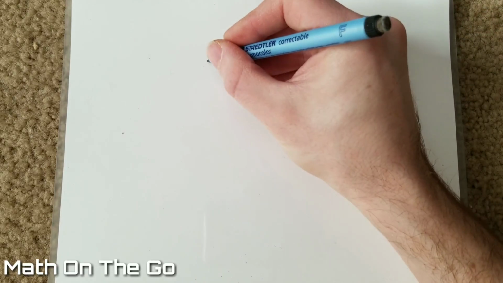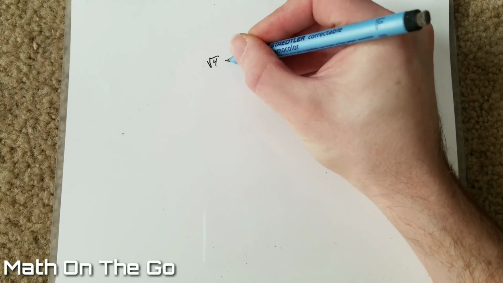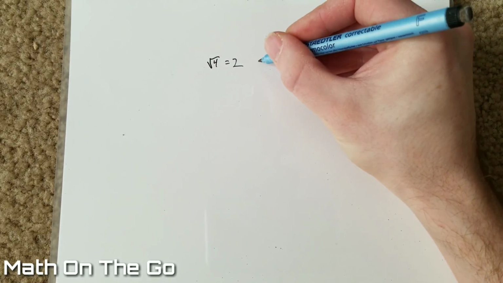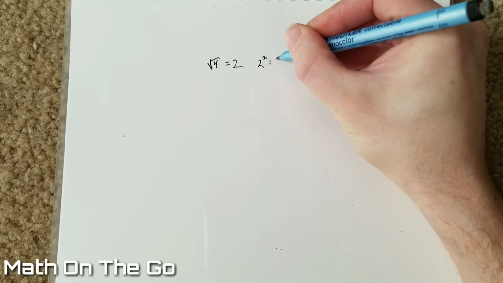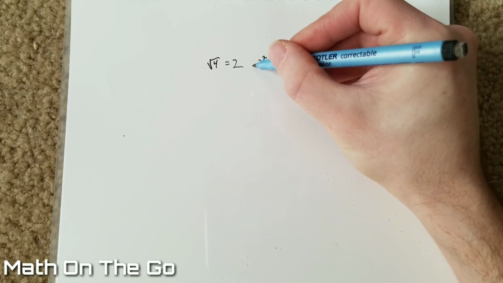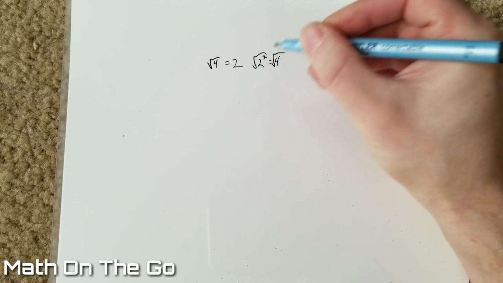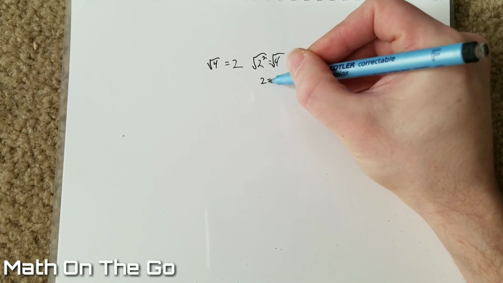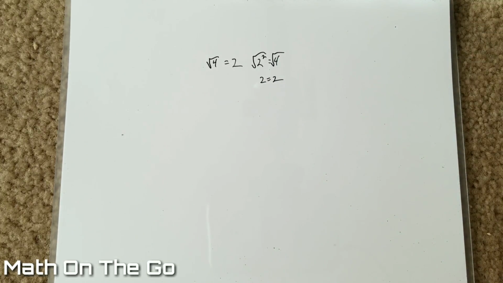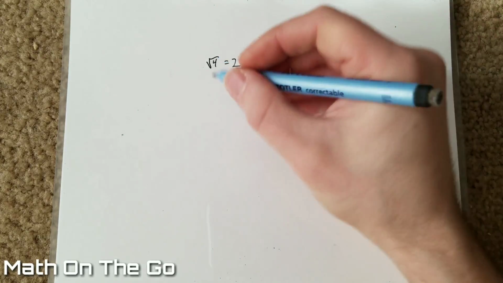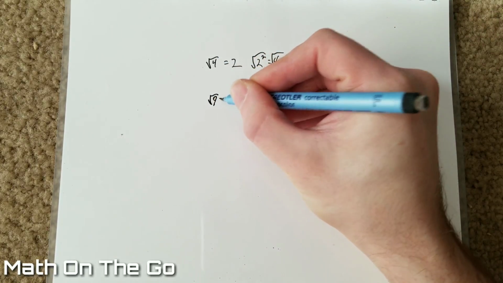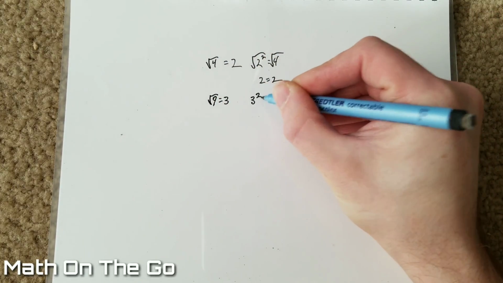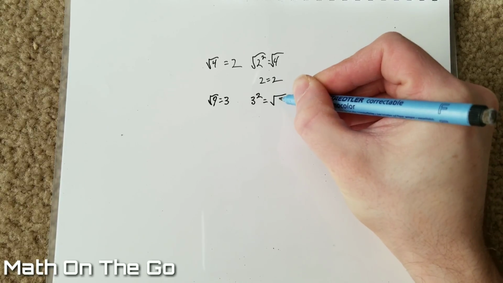So as a refresher, the square root of 4 equals 2 because 2 squared equals 4. To get rid of the square on each side, you end up with 2 equals 2. A few more examples: the square root of 9 equals 3 because 3 squared equals 9.